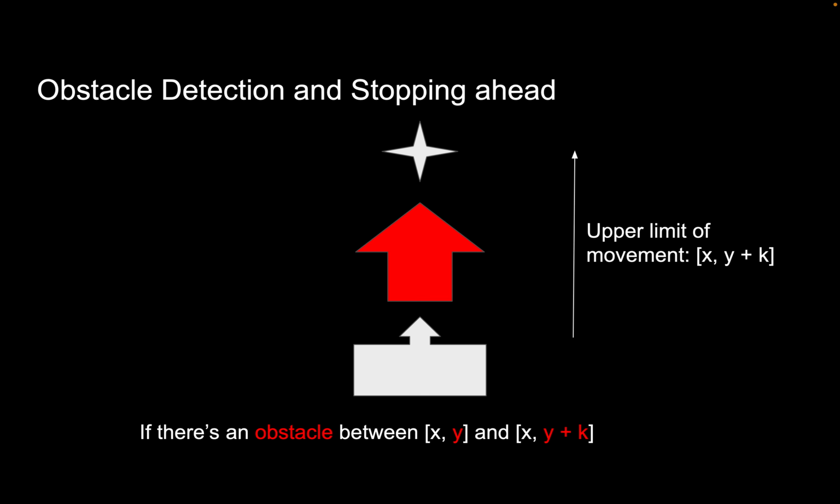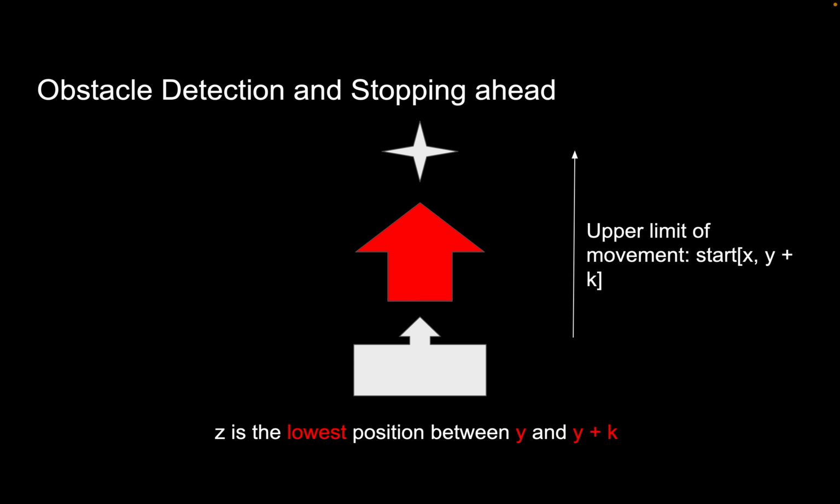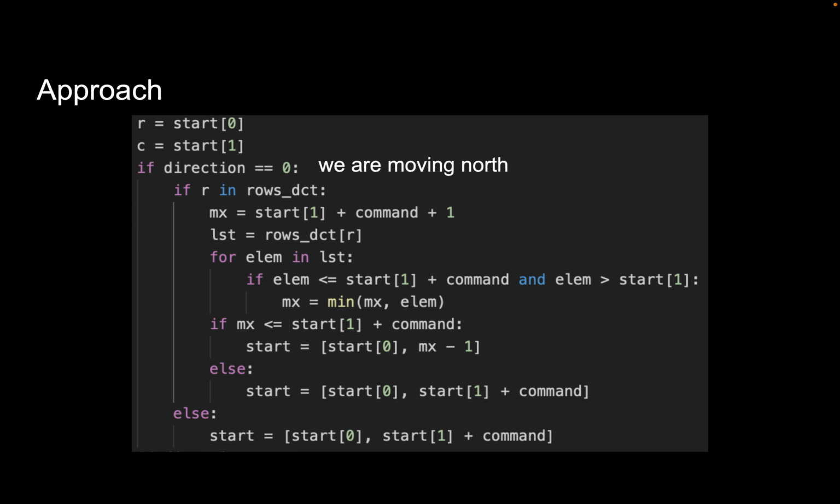If there is an obstacle between (x, y) and (x, y + k), say at (x, z), then the end position is going to be (x, z - 1), as we stop one step before the obstacle. z is thus the lowest possible position between y and y + k. It has to be the lowest position, as the first obstacle we see will stop the operation, so we need to maintain that z is the lowest position possible.